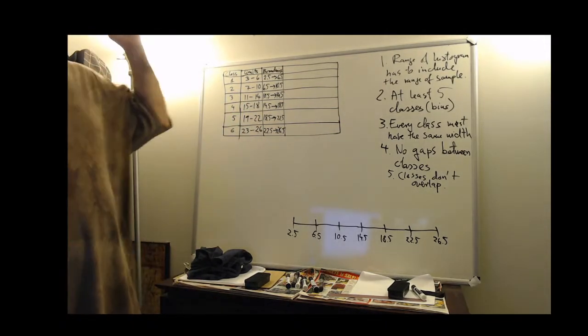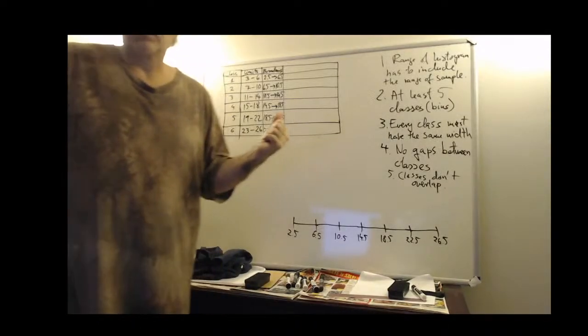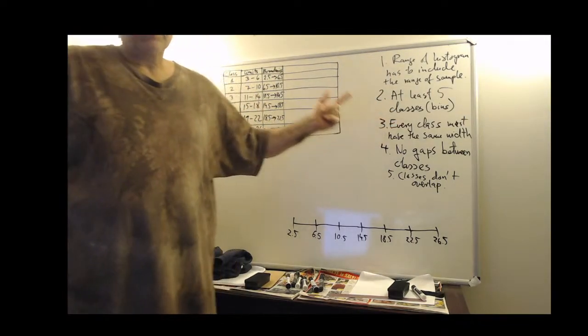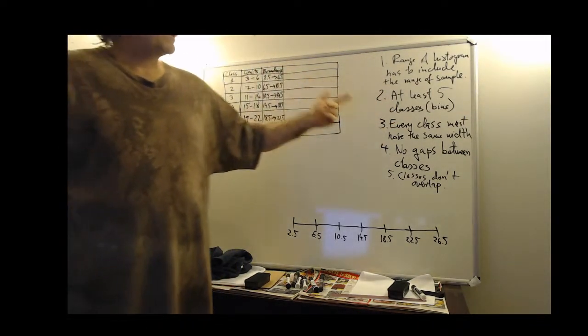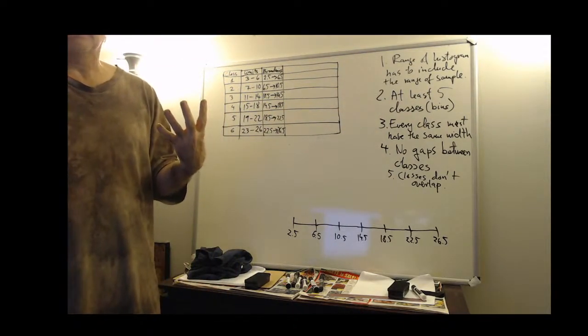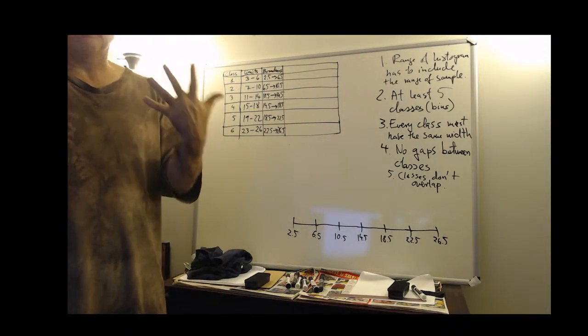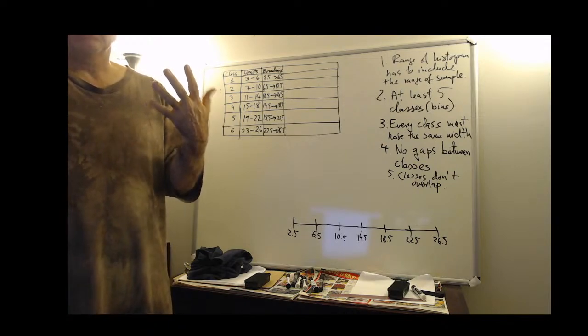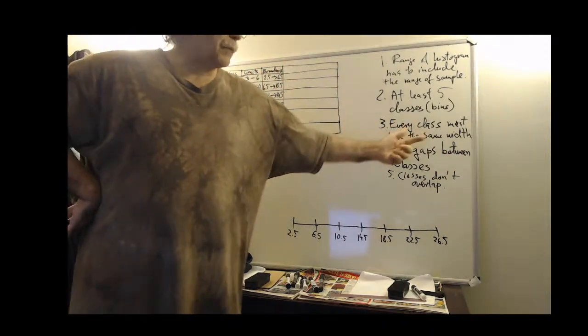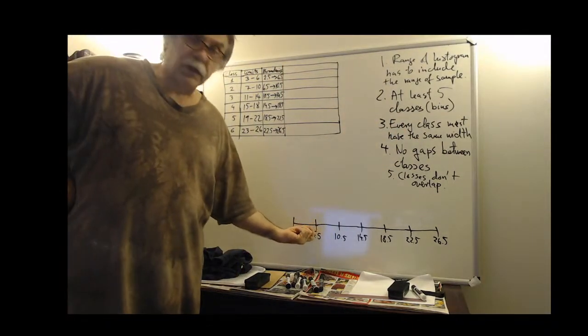Okay, so the range of the histogram must cover the range of the sample. You need to have at least 5 classes. You need to have every class with the same width as any other class. So if one class is 4 wide, the other one must be 4 wide, not 5, not 3, but 4. Okay? No gaps between the classes, so it cannot have a hole here. You left something out.